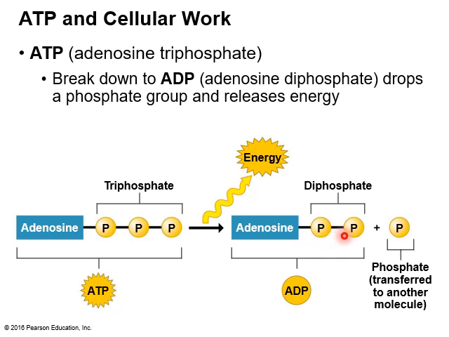And then we can take this adenosine diphosphate, put some energy back into it, and reattach that phosphate. So when we take ATP, we break it down into ADP, and that releases energy. We take ADP and turn it back into ATP by putting energy back in.